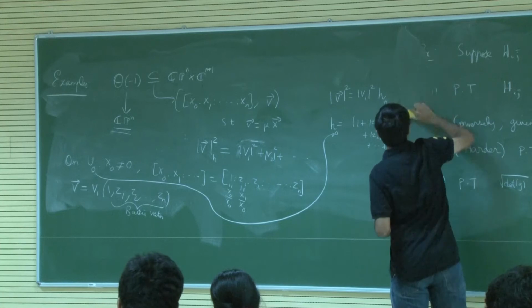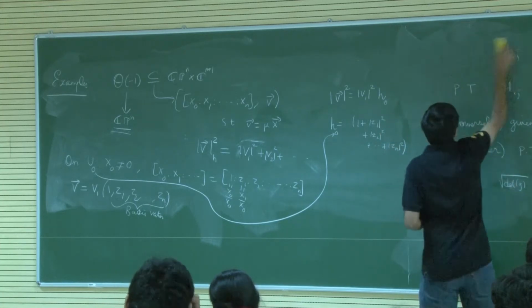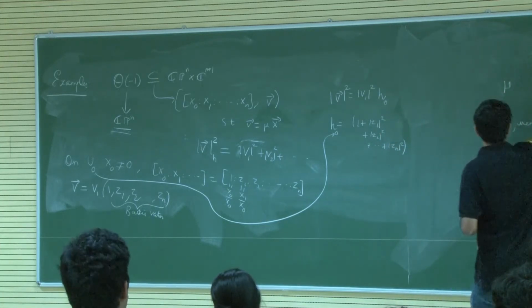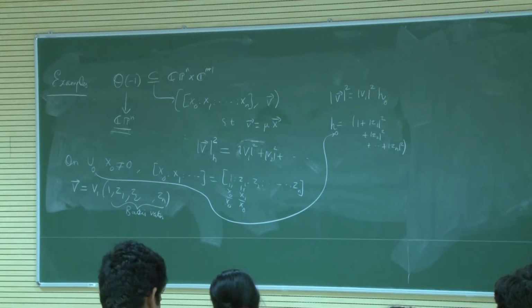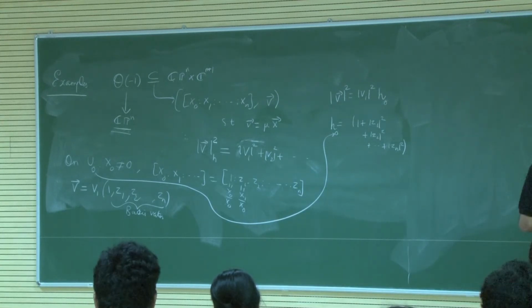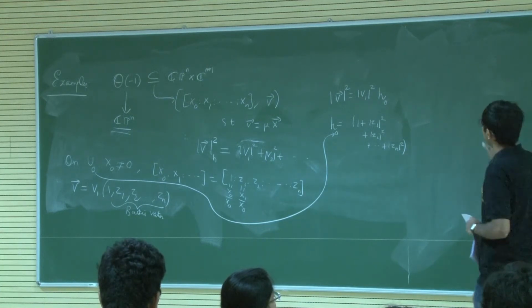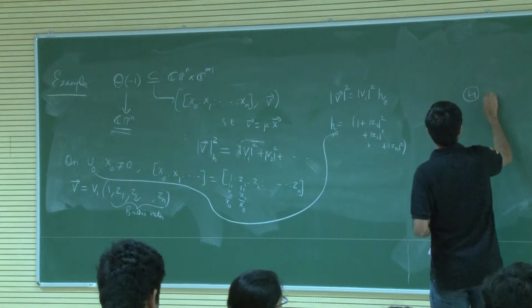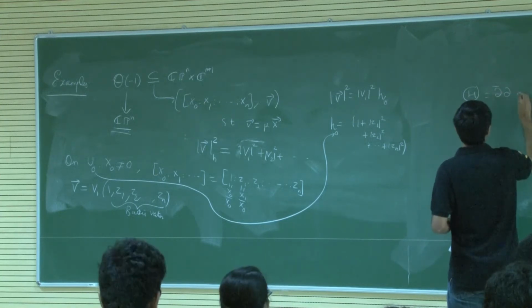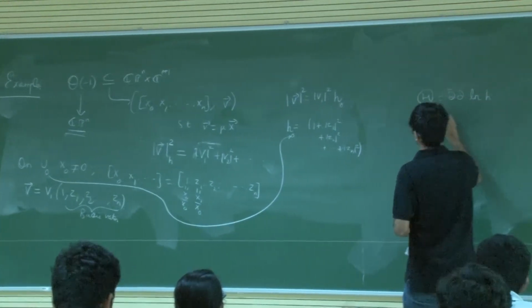Let's calculate it. It's just a calculation, but let's do it to get practice. What's the meaning of curvature? It's simply del bar del of ln of this metric.